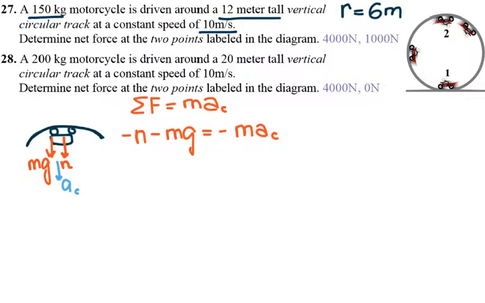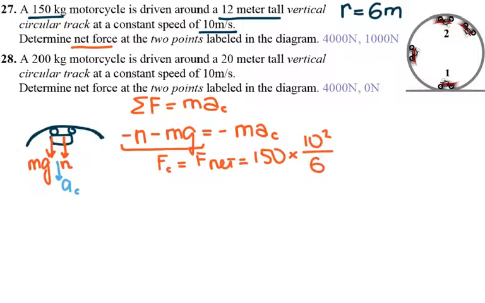And when they ask you to find the net force, this is your net force, your centripetal force. So your centripetal force is your net force, and equals mass times acceleration. Mass is 150, acceleration is v squared over r, and v is 10 squared, and r is 6.